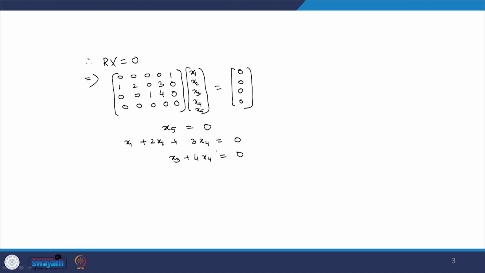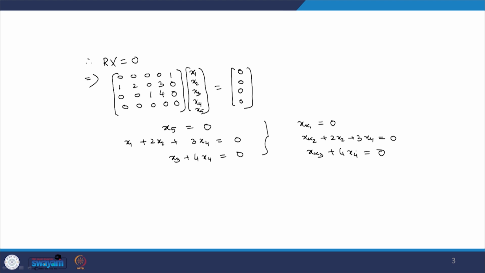So, I am getting 3 equations like this. I can also write x_k1 equal to 0, and x_k2, because k2 is equal to 1, plus 2x2 plus 3x4 equal to 0, and x_k3 plus 4x4 equal to 0.